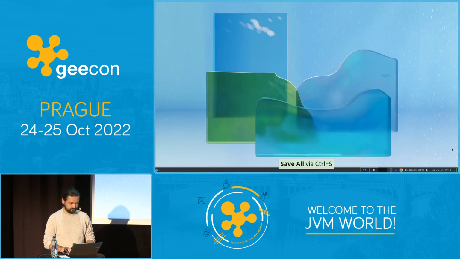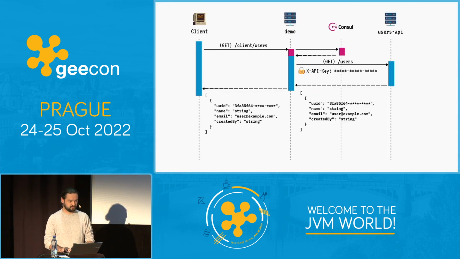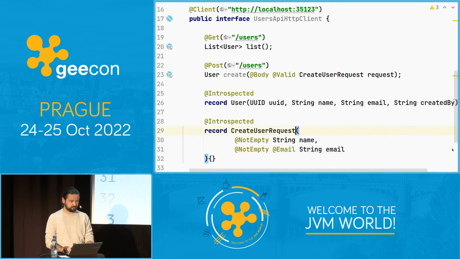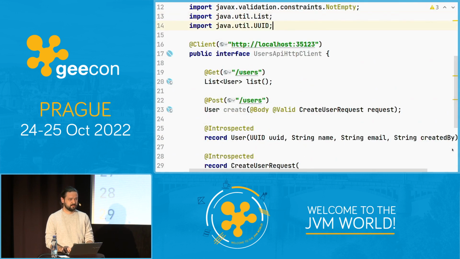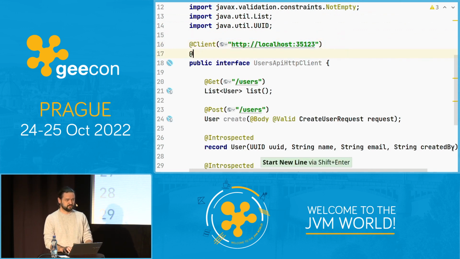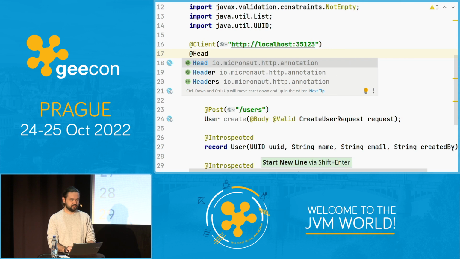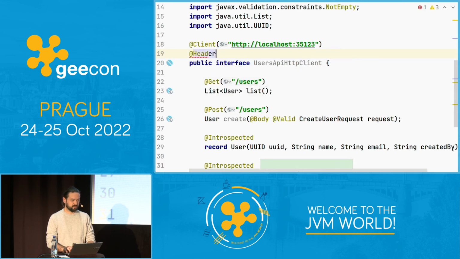Last but not least, as you have seen here on the slides, we have this API key that we also have to add to our requests. And we have to add this header to every request. Luckily, with the declarative client, I can specify a header here at the interface level.